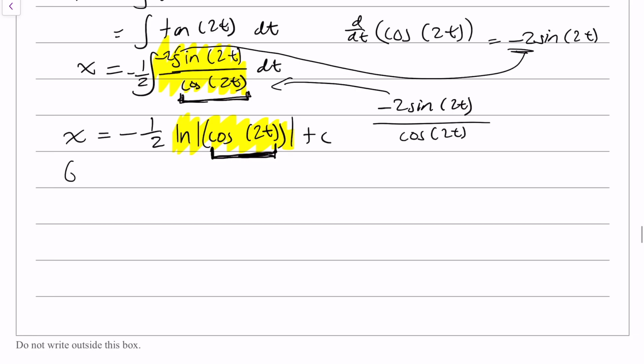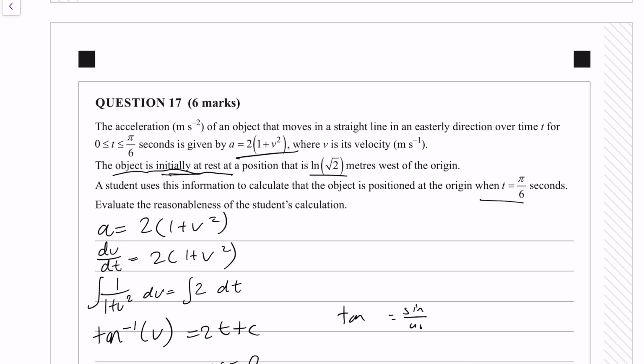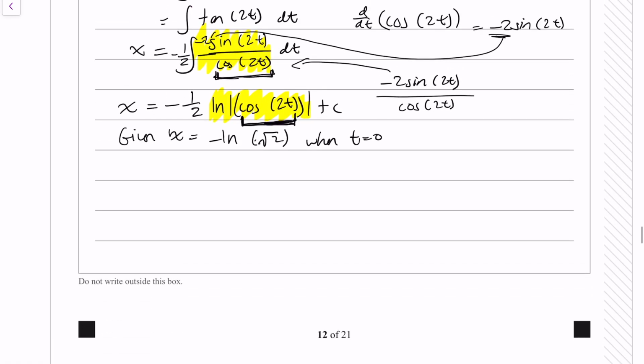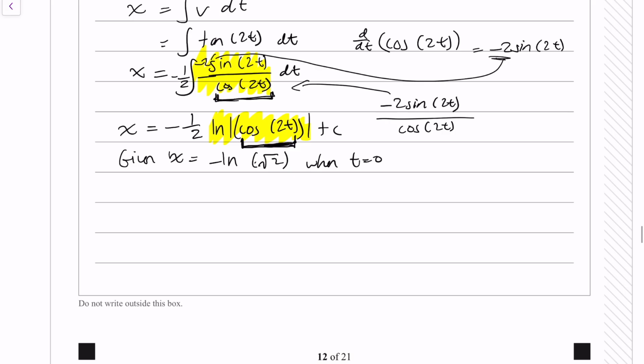So given that x is equal to negative ln square root of 2 when t equals 0, because I know that the object is initially, so t equals 0 means initially the position is ln square root 2, but it's west of the origin because I know that the acceleration is positive when I'm moving in a straight line in an easterly direction. So I need to use negative values. Okay, so that's the complex part of this question, essentially. We need to have a negative ln square root of 2.